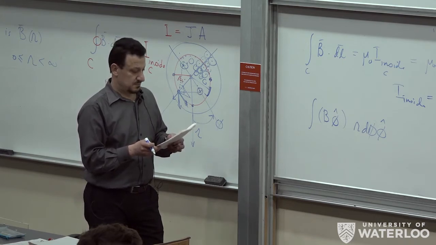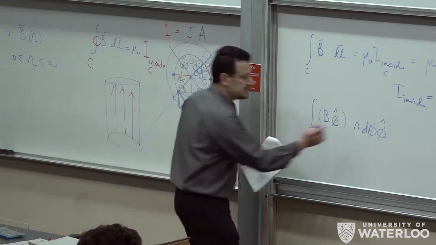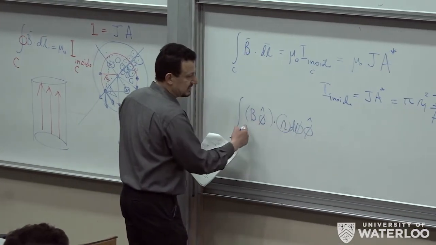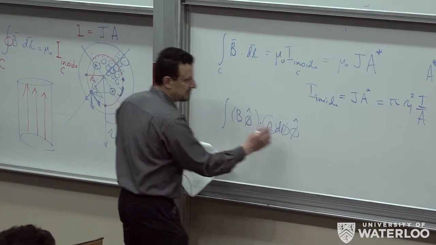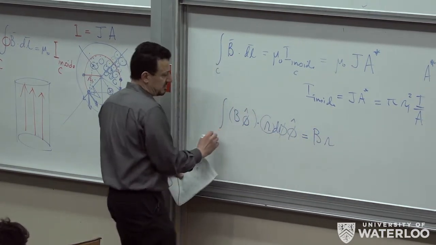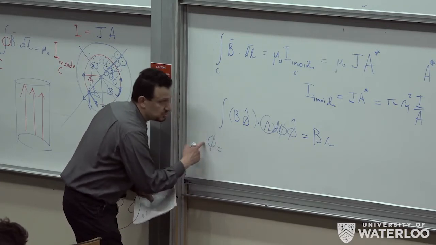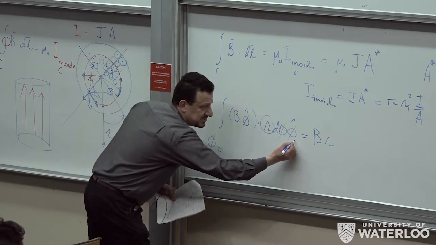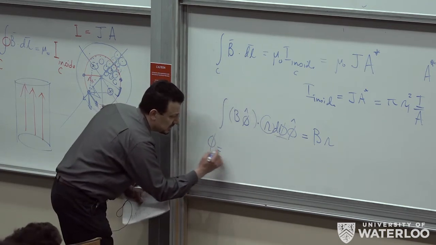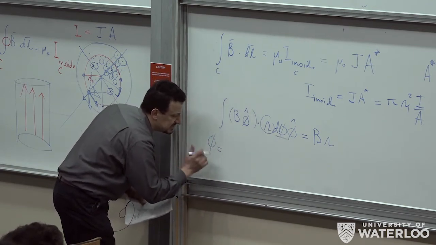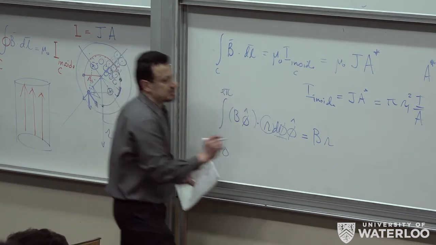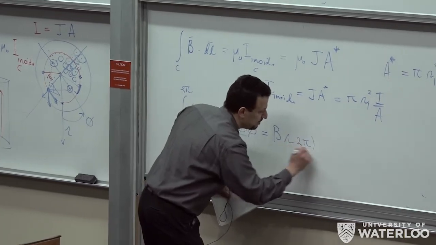Correct? Okay, so the R comes out, the phi and the phi dotted with each other, I'll get 1. The R comes out, the B is constant, so I have B R, integrate over the entire contour. Now that I've expressed the contour in terms of d phi, I have to express the limits of d phi, which is 0 to 2 pi. So I have B R 2 pi.